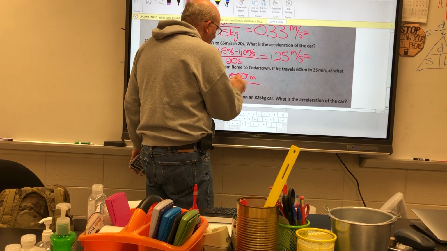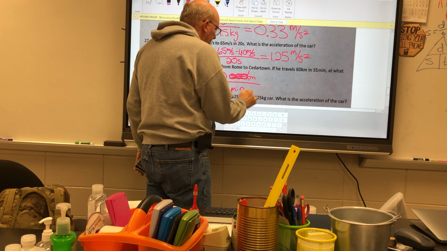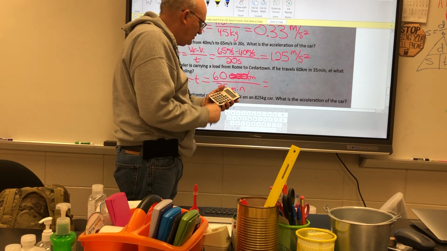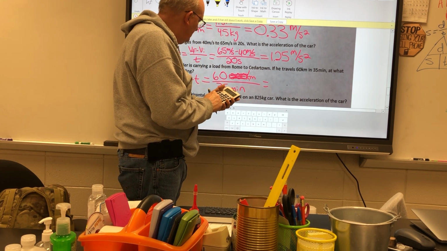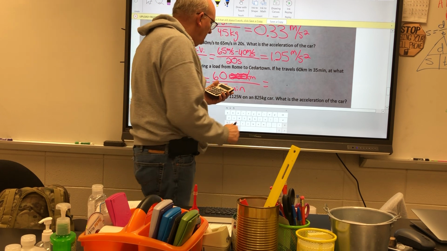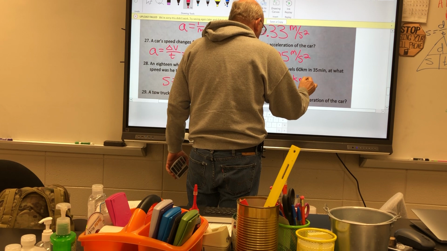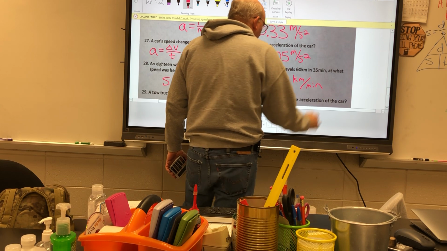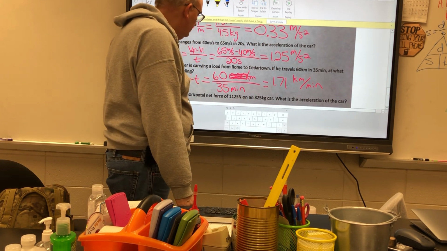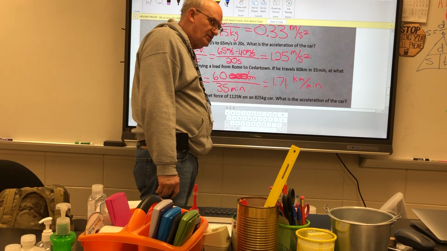We could easily just put the kilometers, give the answer in kilometers per minute. Take 60 divided by 35, gives you 1.71 kilometers per minute. If you choose different units, the answer will vary.